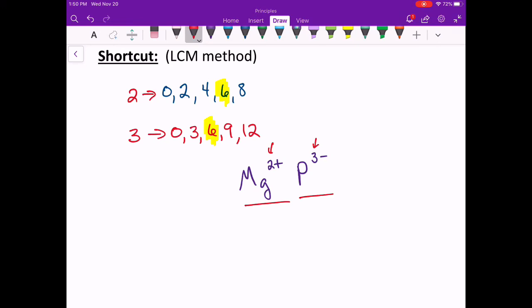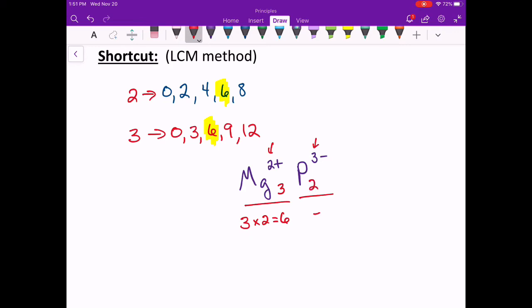And so what number would I have to multiply my +2 charge by to get +6? Okay, so you should have said 3, right? Because 3 times 2 is +6. And then what subscript would I put here so that my -3 times that number gives me -6? Right, so you should say 2.